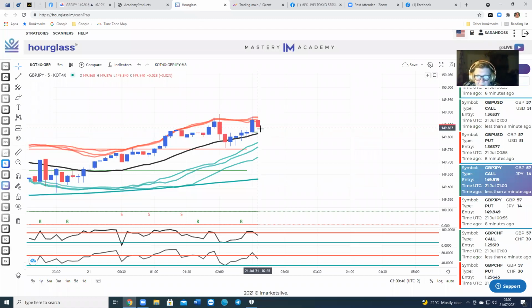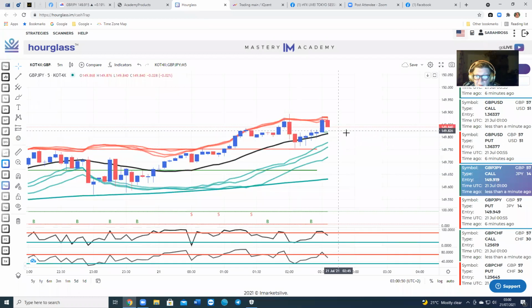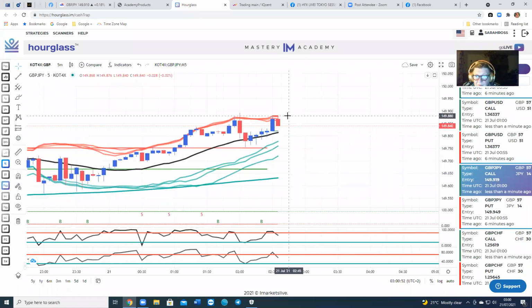You can see it's given us a line of resistance up there, 880. So you can see it's still everything in our favor for calls at the moment.